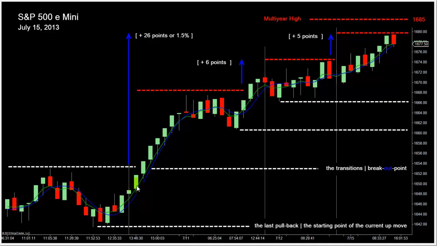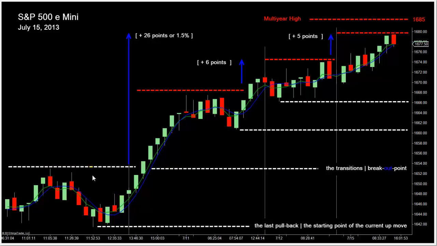The key element of the current up move is that it broke out above a known high. This was not only the high on this given session, but there is a historic reference to this high that goes back to June 18th. Therefore, this high is considered to be a transition point. The market is in transition.